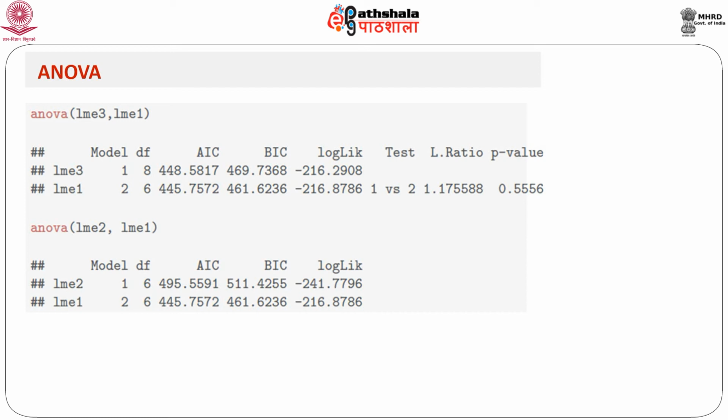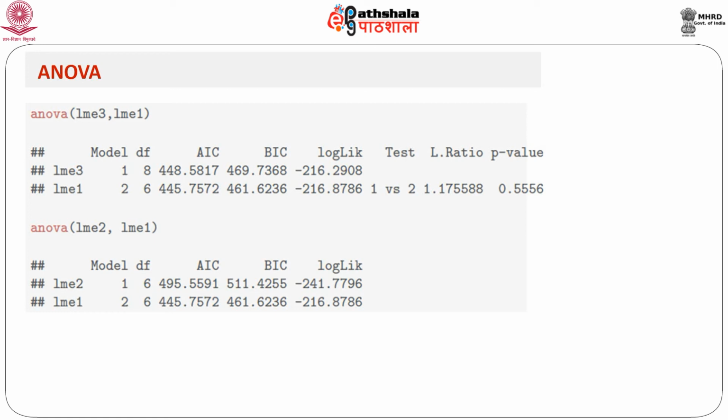So what we can do is we can have an ANOVA of the two models. So anova(lme3, lme1) gives me a p value of 0.5556, meaning lme3 is not significantly different from lme1. Notice that if I use an ANOVA of lme2 and lme1, it doesn't give me the likelihood ratio test.